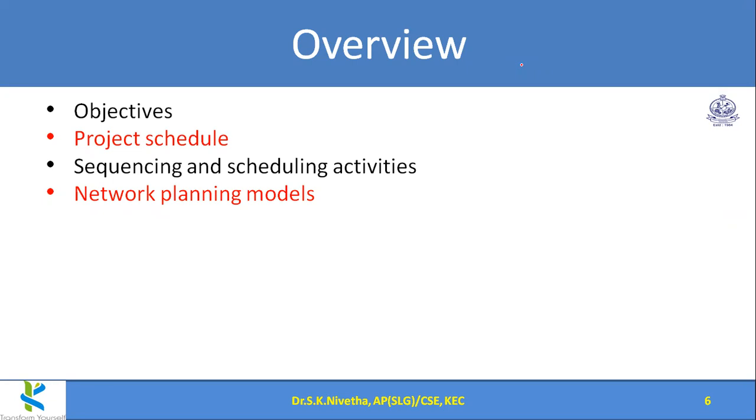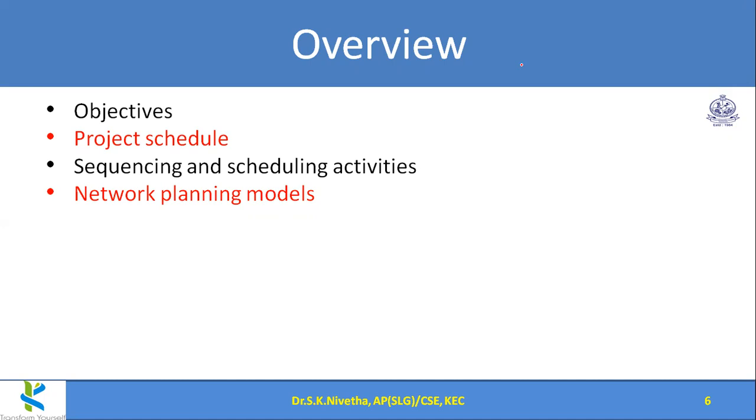Similarly, for a software project, which modules are coming in this project, and what is the connectivity between each and every module, or to develop the modules, which is to be done first, which is to be done next, whether these two can be done in parallel or one by one.